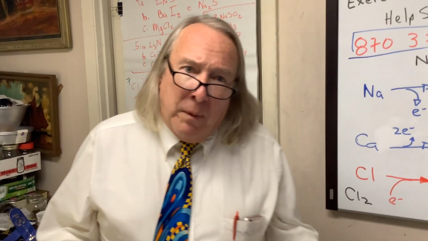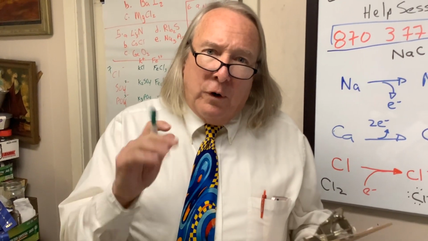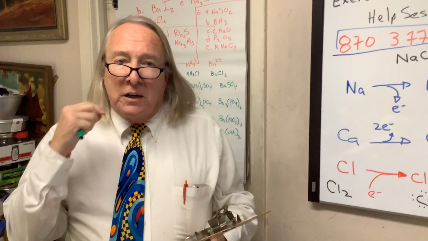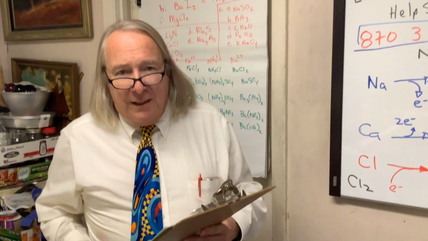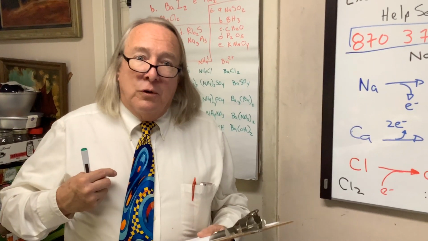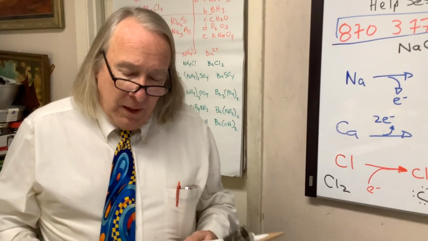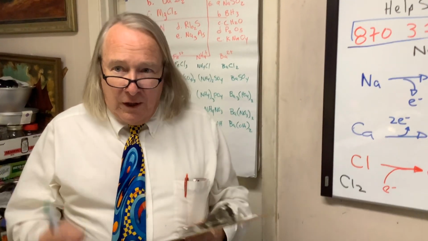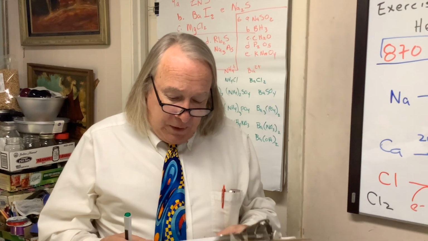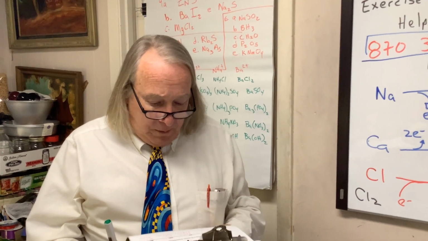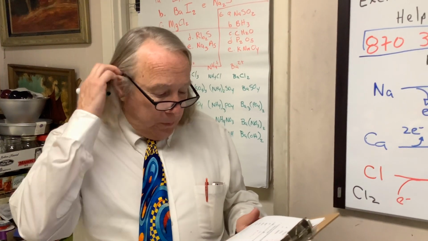Usually you don't need the monoxide, but there are so many forms of these nitrogen-oxygen compounds that they tend to use it as they do for carbon monoxide. Because there's carbon monoxide, carbon dioxide. This would be dinitrogen monoxide, but it also goes by nitrous oxide.